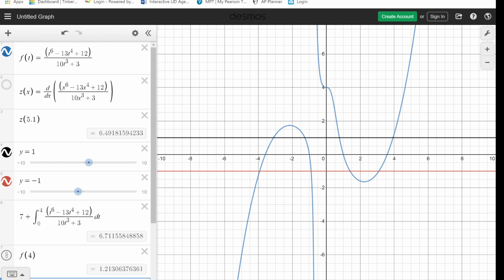Or this is perhaps even easier on your calculator. You have to finagle a little bit in Desmos. And then I plugged in 5.1 and boom, answer. That was it. So there was no work shown on this one. This was just a straight 1 pointer. It's just 6.492. And that's it.